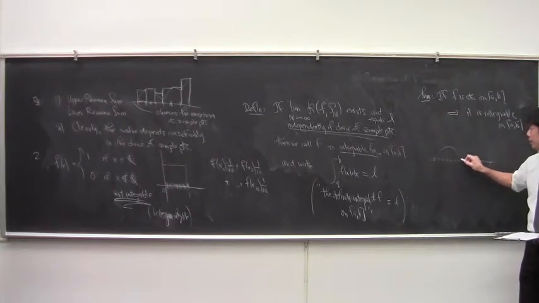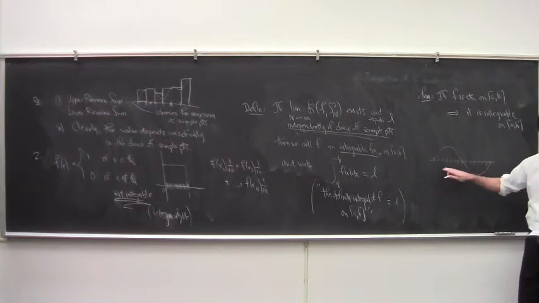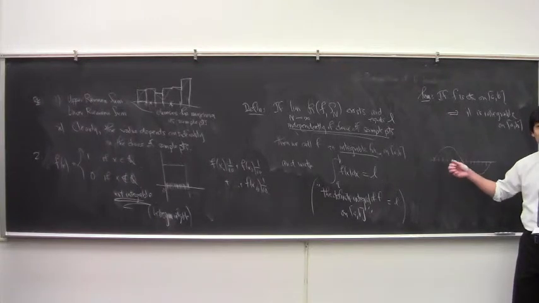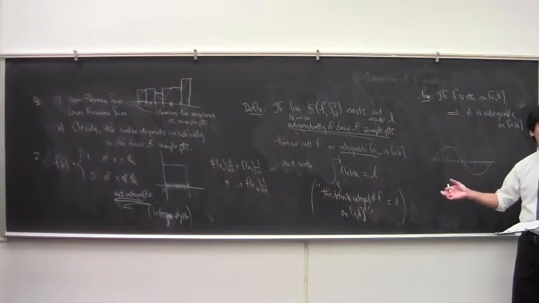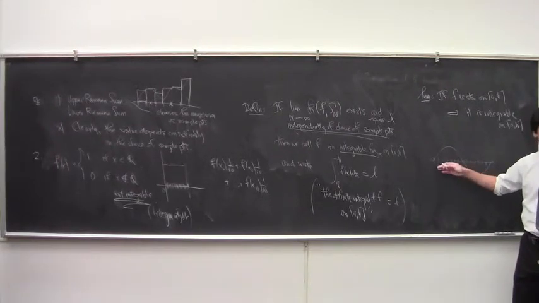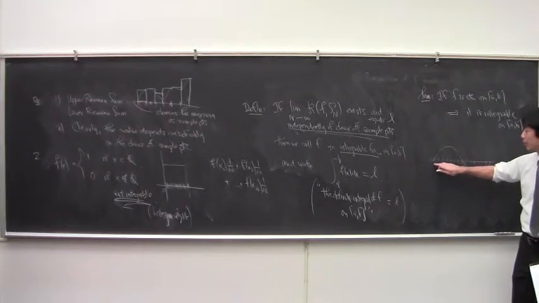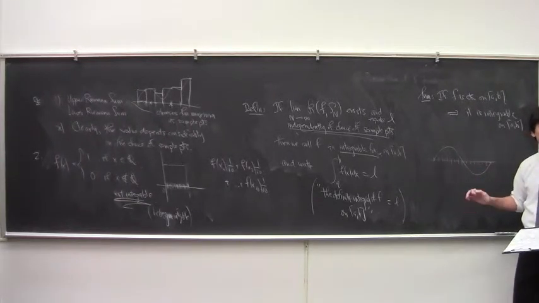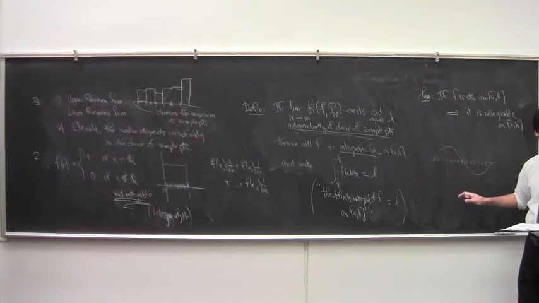As you refine your partition, no matter what choices you make, if you let the partition become infinitely fine, you and your friend are going to end up with the same limit. Your friend's going to come out and say, I got 0, and you're going to say, well, the limit was 0, no matter how you chose your points.